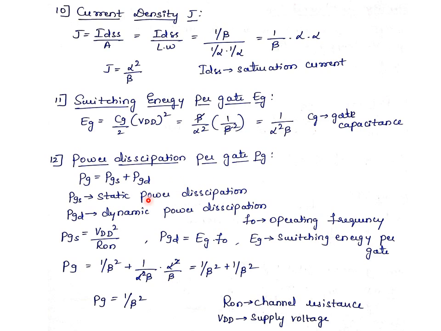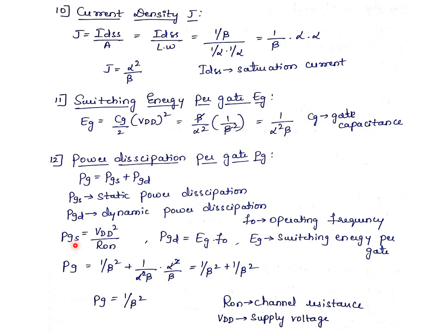Now the next thing is power dissipation per gate, that is PG. Usually we represent power dissipation in terms of two power dissipations, that is static power dissipation and dynamic power dissipation. PGS is static power dissipation, PGD is dynamic power dissipation, right? Here we have separate equations for them.